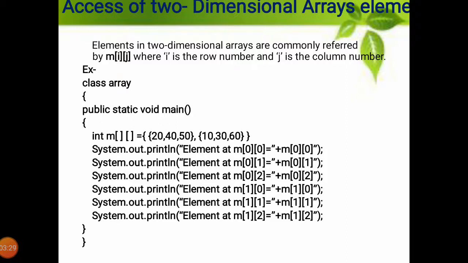Now I have to print each element by their row and column index position. So the first element I print with System.out.println at position M00, then M01, then M02. In this way I print the first row, and for the second row we start with M10, then M11, then M12. In this way we access all the elements of a double-dimensional array.